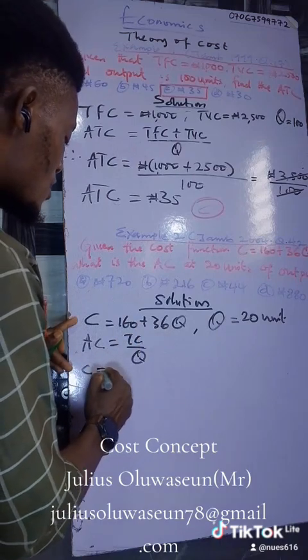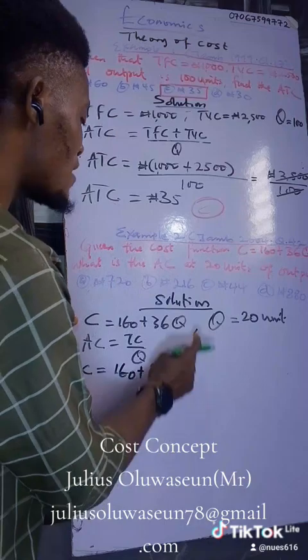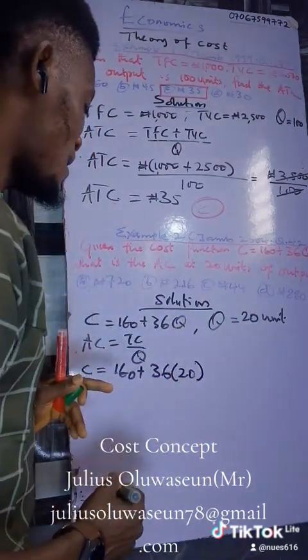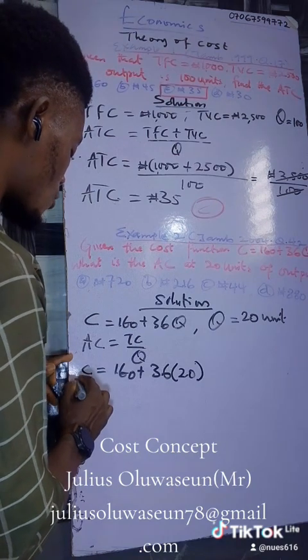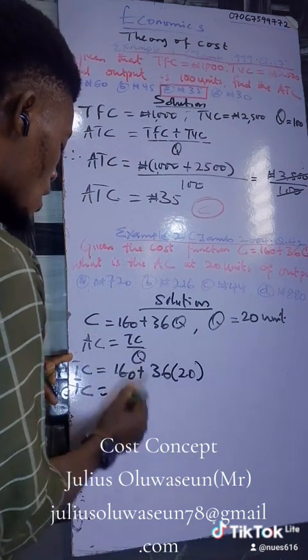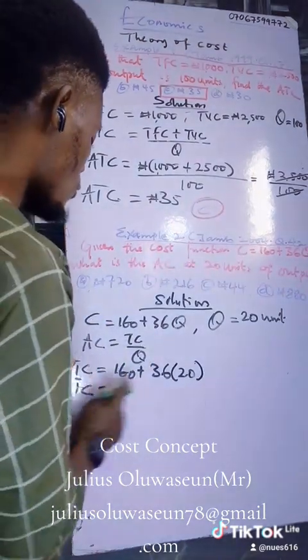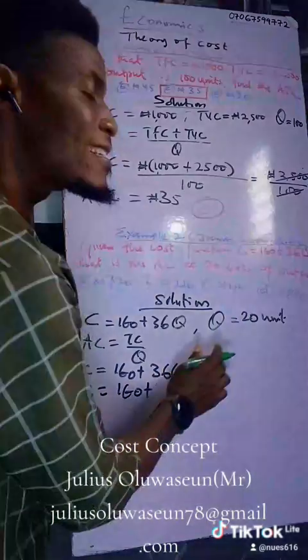Our C is equal to 160 plus 36Q. Where you see your Q, you put 20 there. So our total cost is equal to 160 plus 36 times 20.